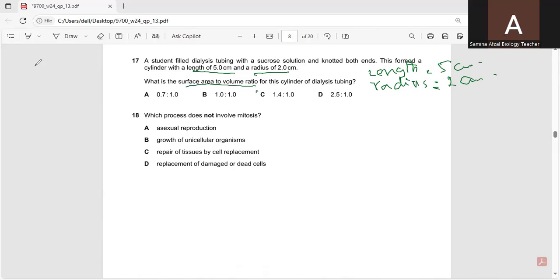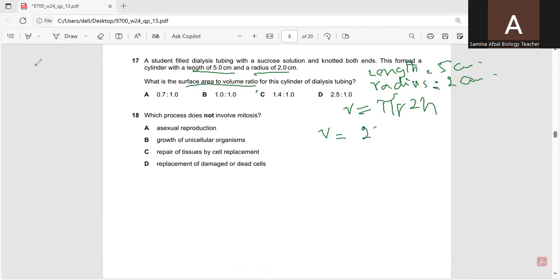To find the surface area to volume ratio, first of all, we have to calculate the volume. So volume is equal to pi r square h.